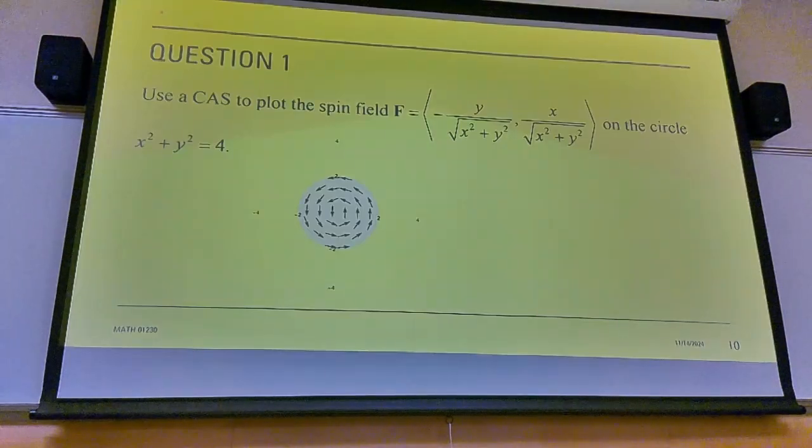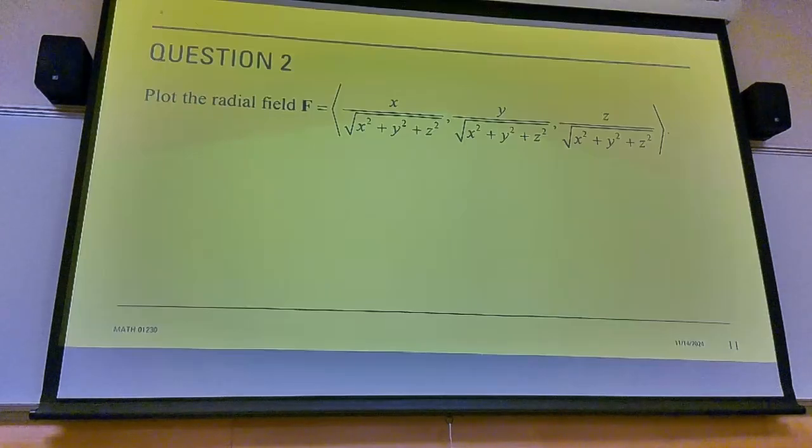And that is called a spin field. You'll probably figure out why. Here's 3 dimensions. This one's called a radial field. I guess we'll find out why.